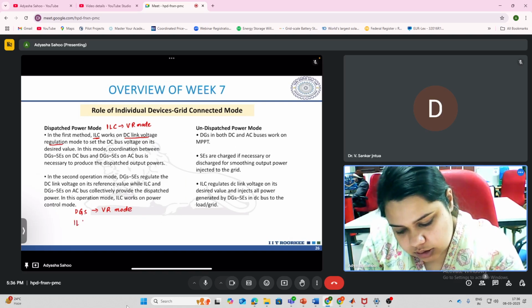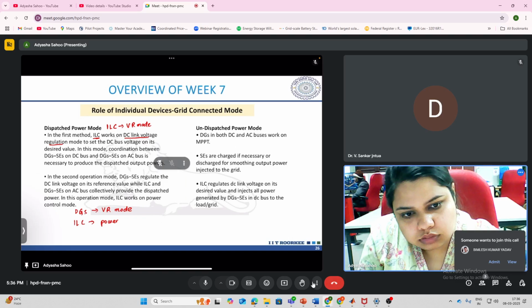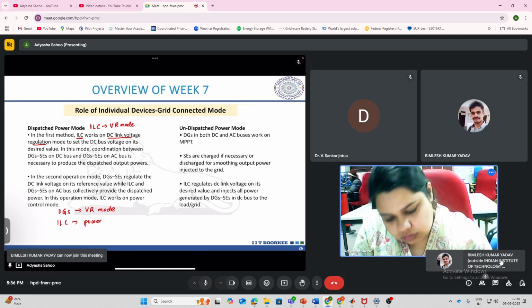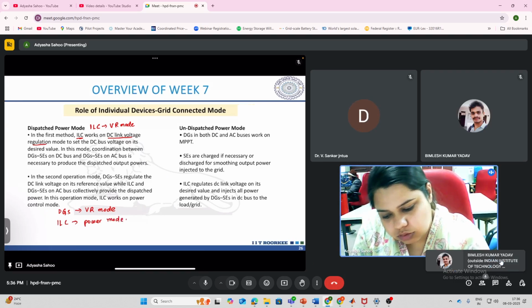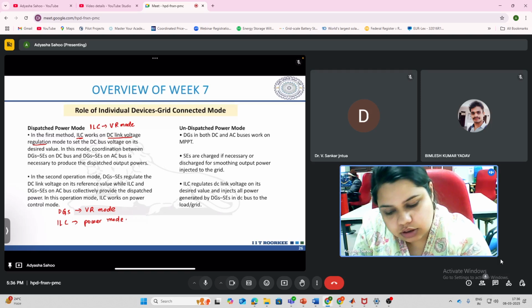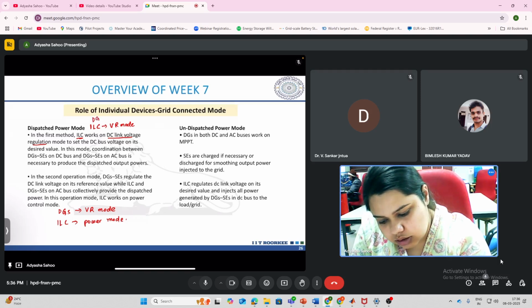So here ILC will be in power mode, and DGs are in voltage control mode. Here ILC is in voltage regulation mode and DGs are in the power mode.